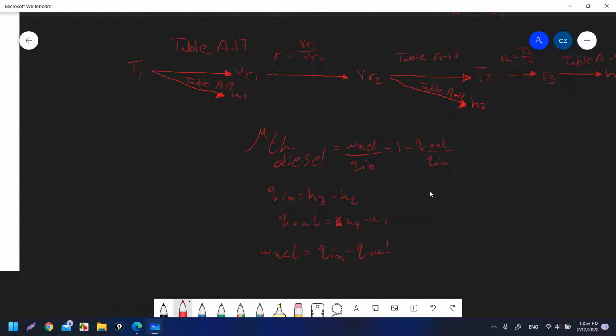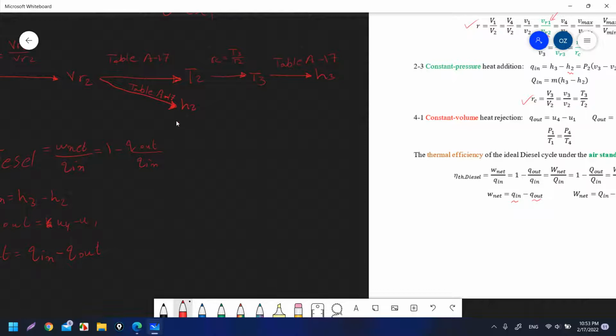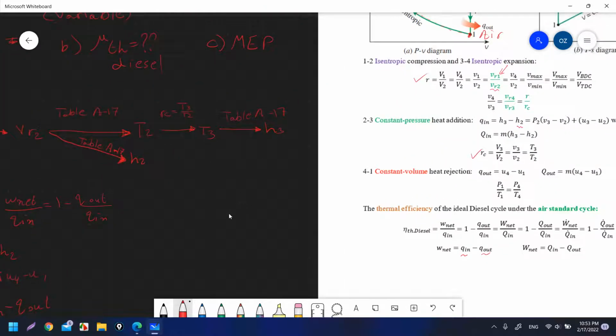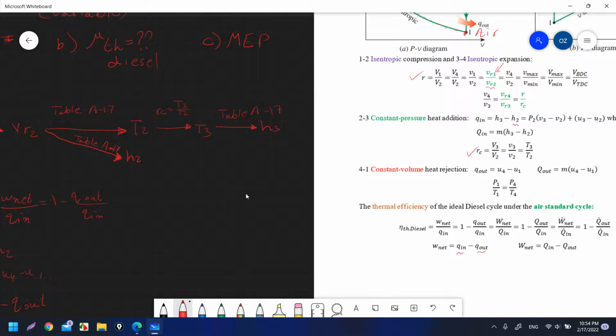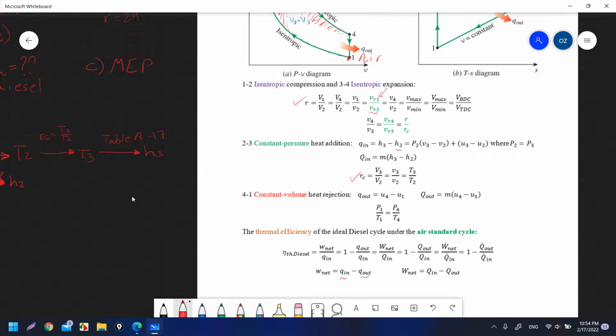What about U4? I need a property at state 4, but I didn't find anything at state 4. Usually in this variable specific heat assumption with diesel, Otto, and dual cycles, we use the relative volume when we don't have a property at a state. So I am searching for VR4, which is only in this equation. To find VR4, I need VR3, R and RC. R and RC are given in the question, but VR3 is not given.